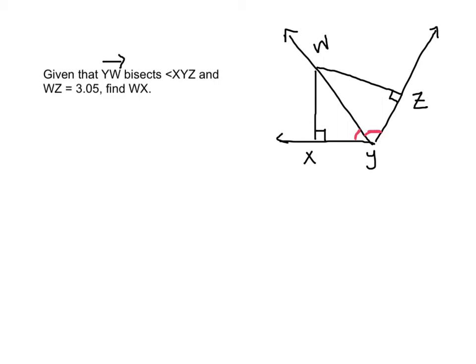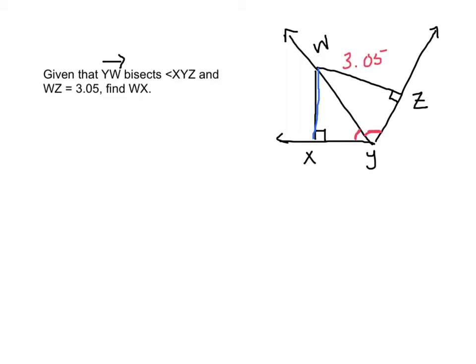We're dealing with the bisector, and we're talking about WZ is equal to 3.05. So just putting in a 3.05 in here, we wonder how can we find out our blue length? How can we find WX?